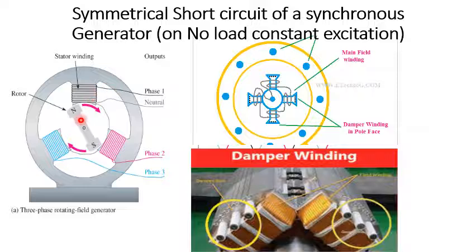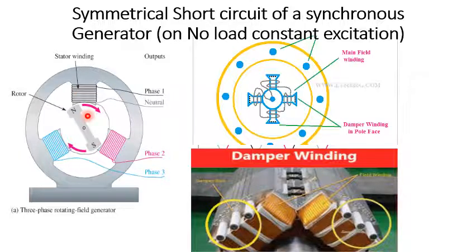The field structure is rotating along with the rotating magnetic field produced by the armature winding. So during normal operating conditions, the field produced by the armature current is relatively stationary with respect to the field winding and the damper winding.